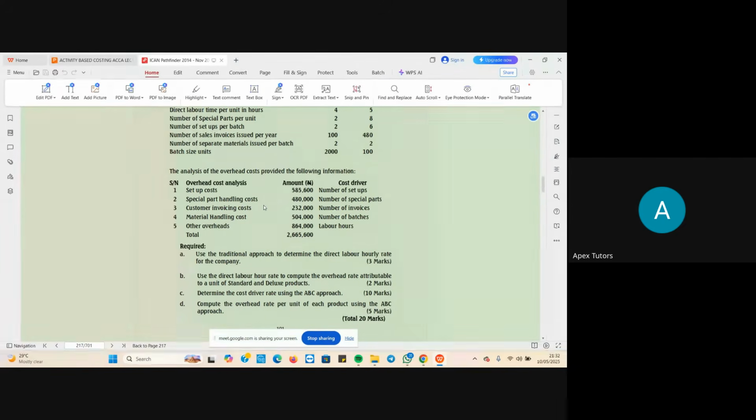In the question, can you scroll up a little, sir? So in terms of the traditional way of determining the overhead absorption rate, what we've done just now, we are to use what?